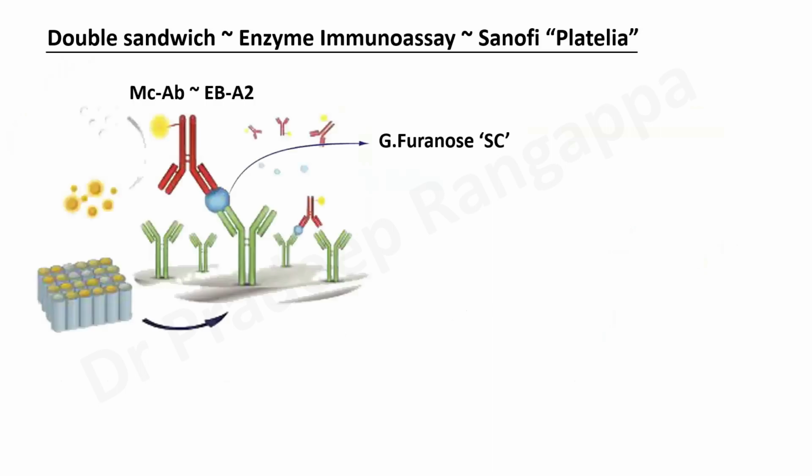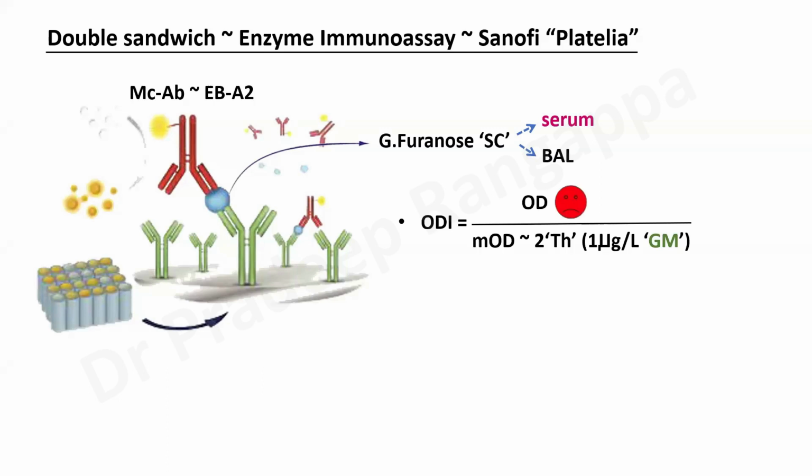So the way it is done is the monoclonal antibody EBA2 is used to recognize the galactofuranose side chain. That is the component that it binds to and recognizes, in both serum and bronchoalveolar lavage fluid. So anywhere the fungus is present, this galactomannan, which is a polysaccharide, is identified by this enzyme-linked immunoassay, which is Platelia.